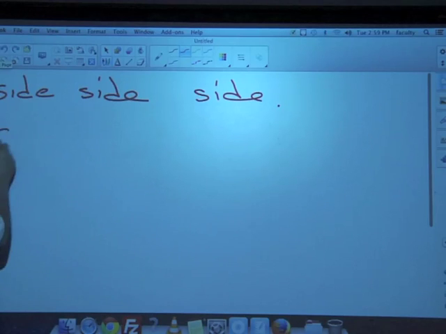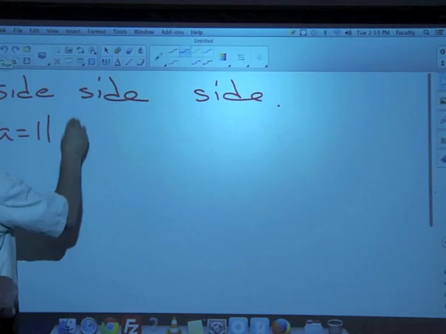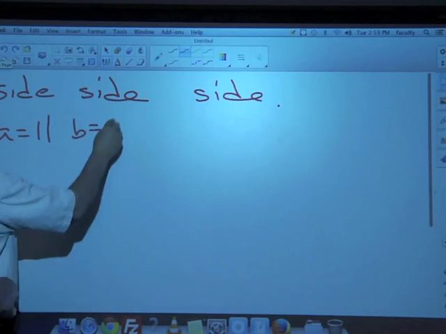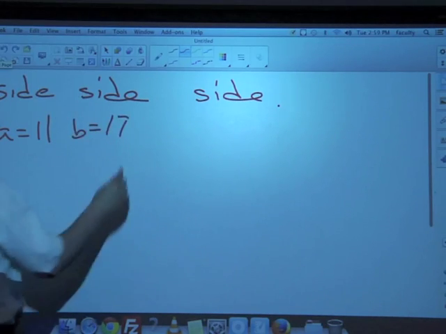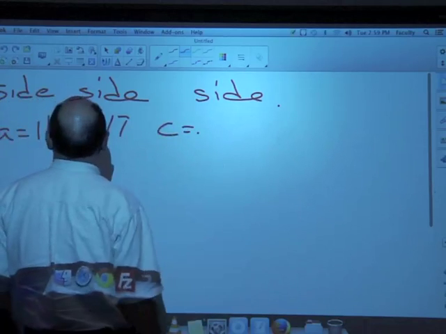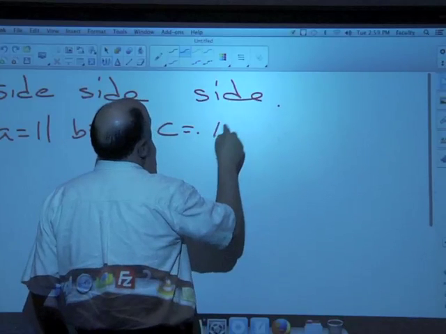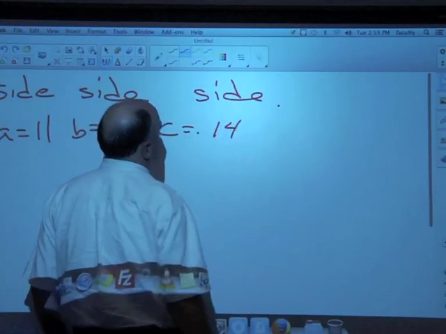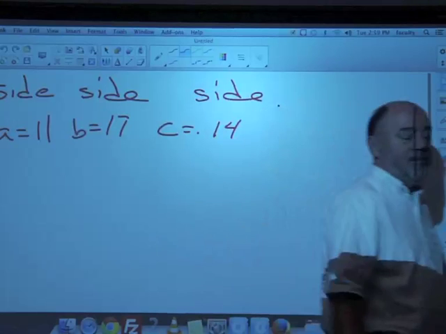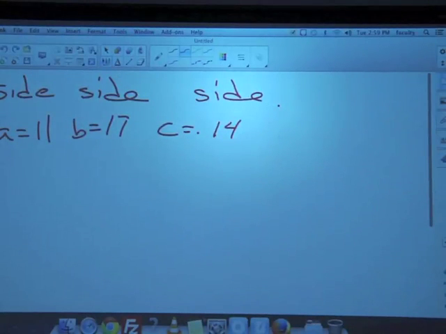Let's say that side A is 11, side B is 17, and side C is 14. We have all three sides. So it's not a law of sine question, which means we get to the other law, which is the law of cosines.